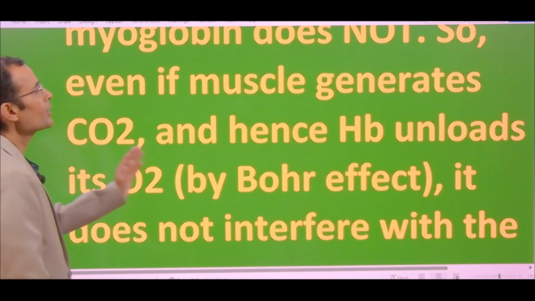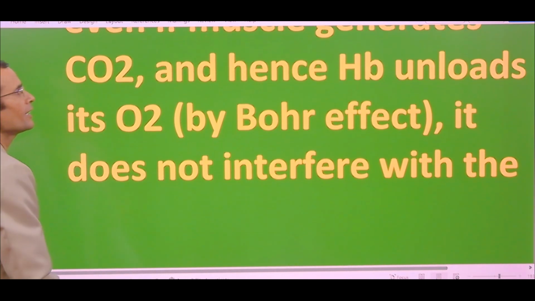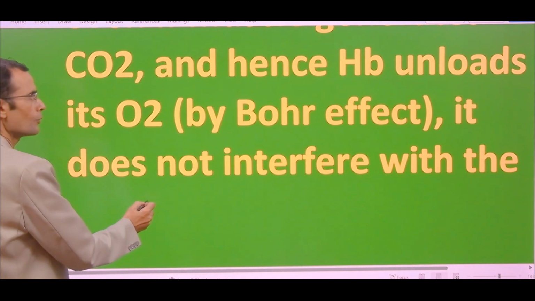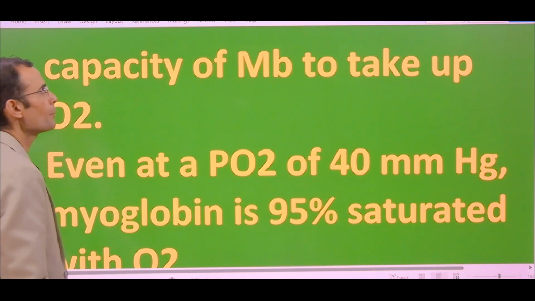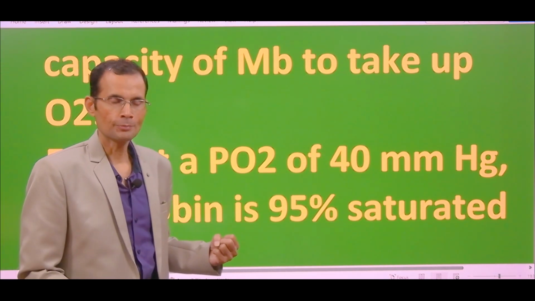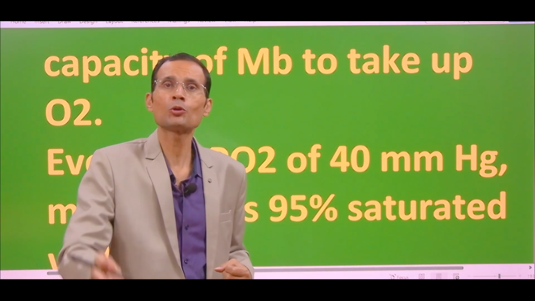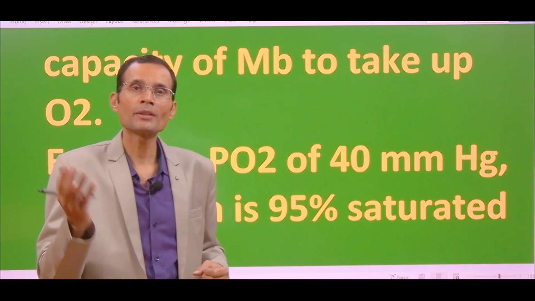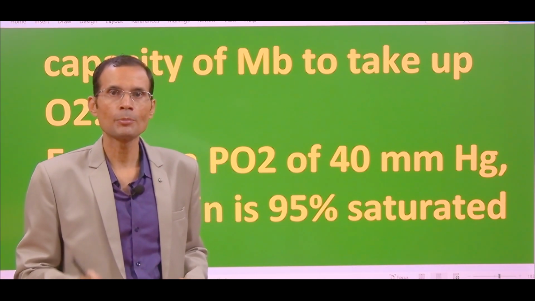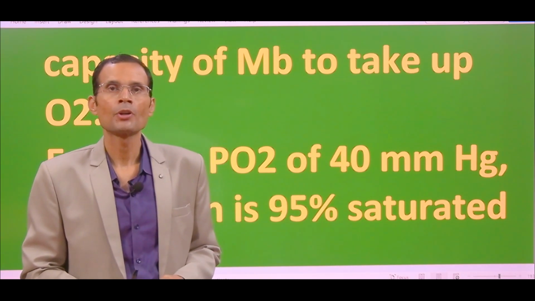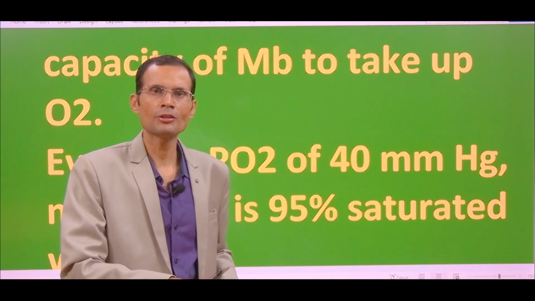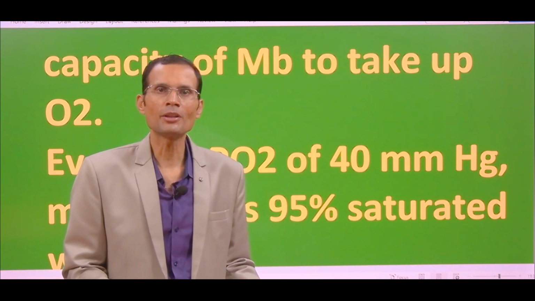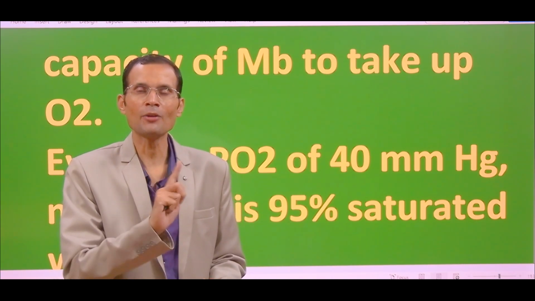So even if muscle generates carbon dioxide and hence hemoglobin unloads its O2, it does not interfere with the capacity of myoglobin to take up the oxygen. Muscle is generating CO2, and so muscle needs extra oxygen because it is hypermetabolizing. Hemoglobin will give up its oxygen readily to the myoglobin, and myoglobin does not have that effect.